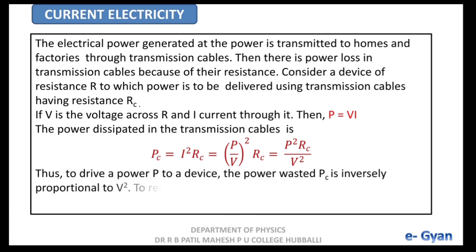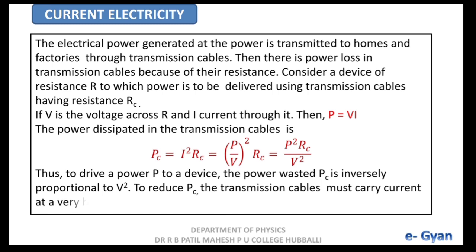Thus, to drive a power P to a device, the power wasted PC is inversely proportional to V square. To reduce this power loss, the transmission cables must carry a current at very high values of V.